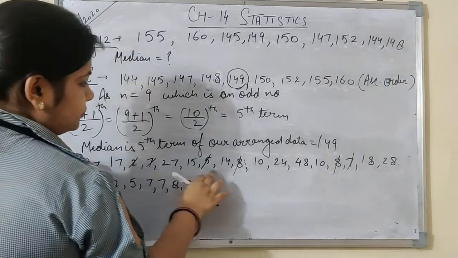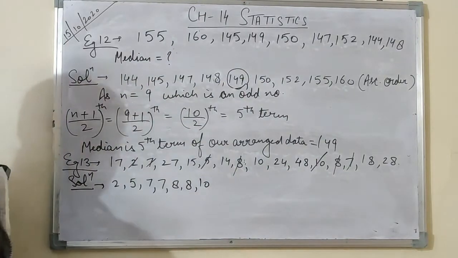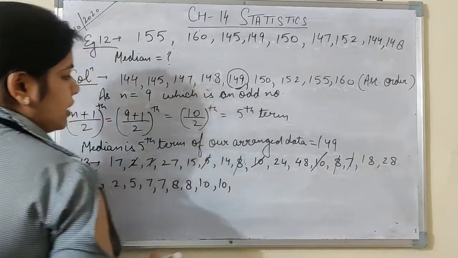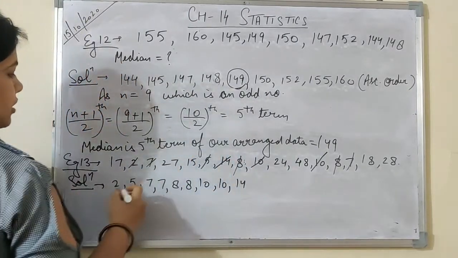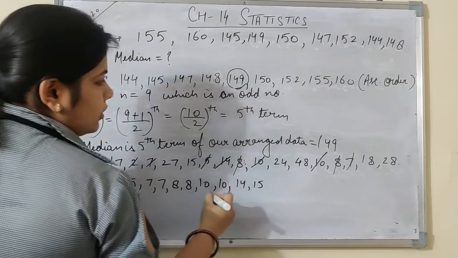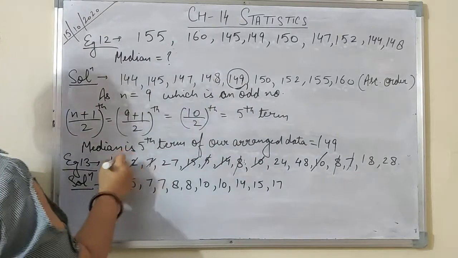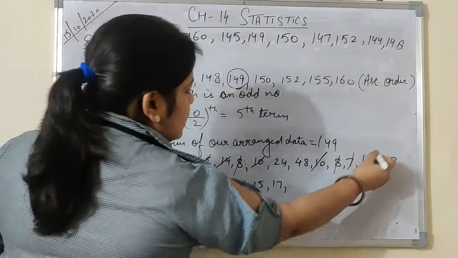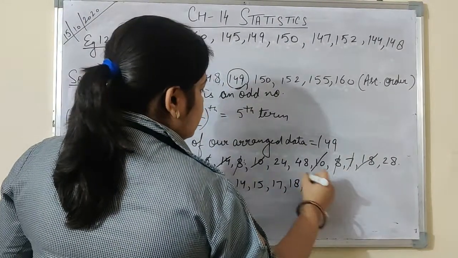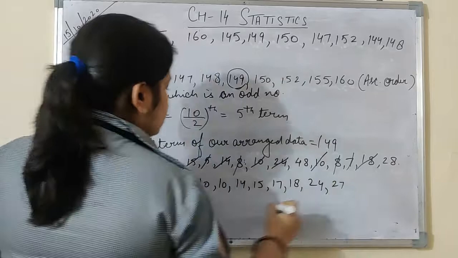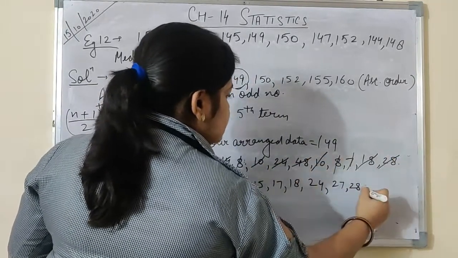Next is 10, which is coming 2 times, then 14, 15, 17, 18, 24, 27, 28, and last is 48.